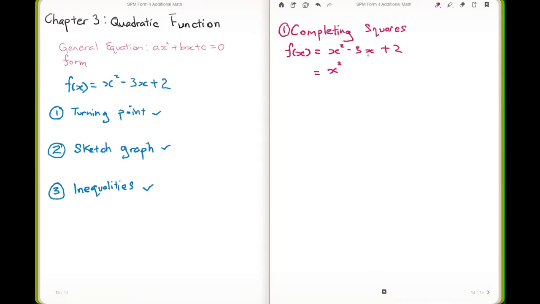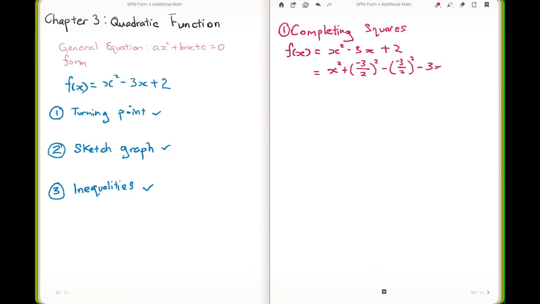Instead of writing here, all you need to do is you plus the b over 2 squared, where this is the b in a, b, c. If you plus something to it, you minus it, otherwise this function wouldn't be the same anymore. You plus a term, you subtract the same term, then it is basically the same function.